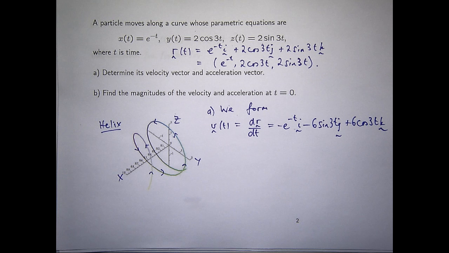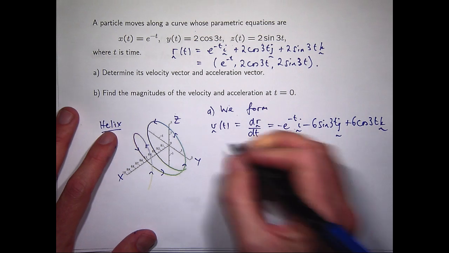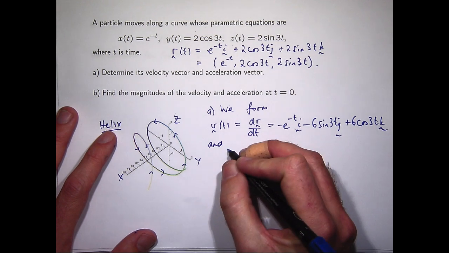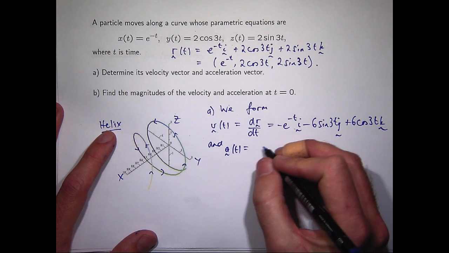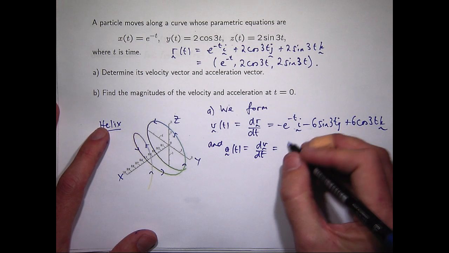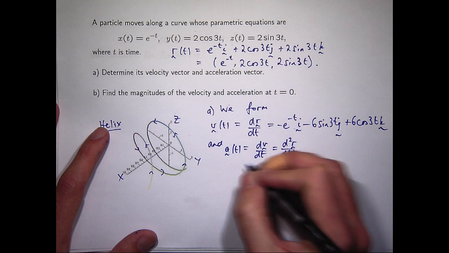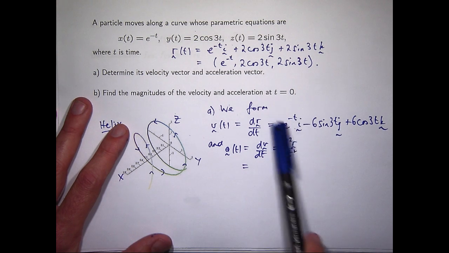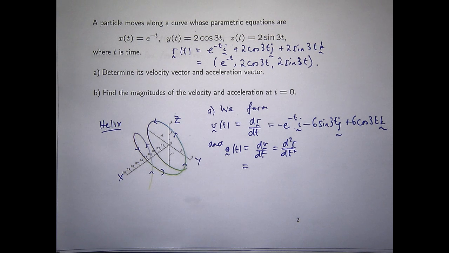The next part is to calculate the acceleration vector. So for that, what we do is we take the velocity vector and differentiate it again. Let's call that a of t. Let's take this velocity vector and differentiate that in a component-wise fashion.